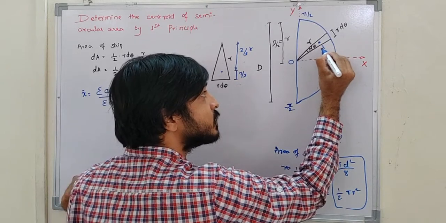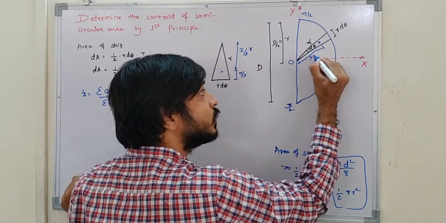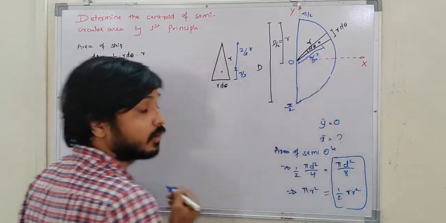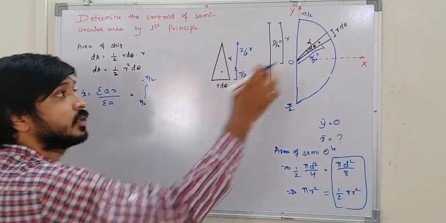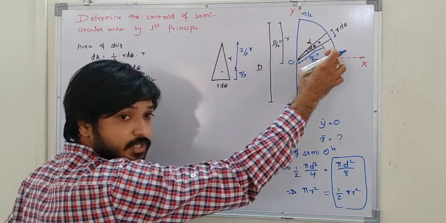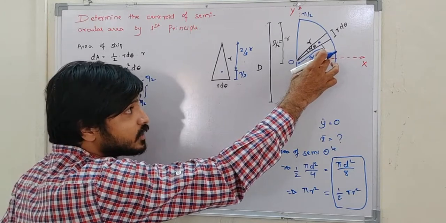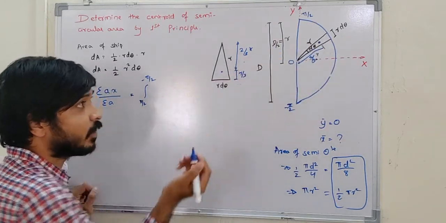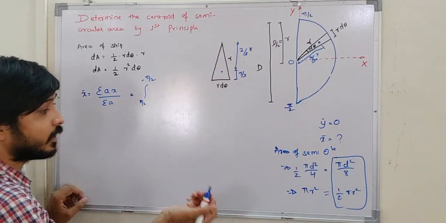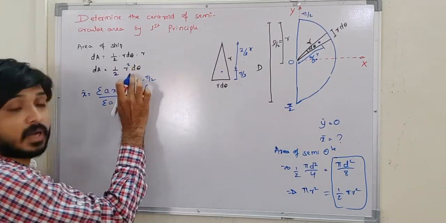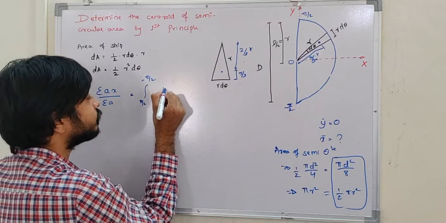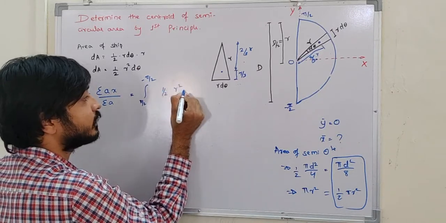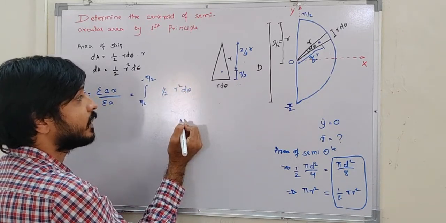And this distance is how much? 2/3 of r. Right? So this is area into distance, which will give you moment of area. Area we have calculated already. That is half r square d theta. Correct?